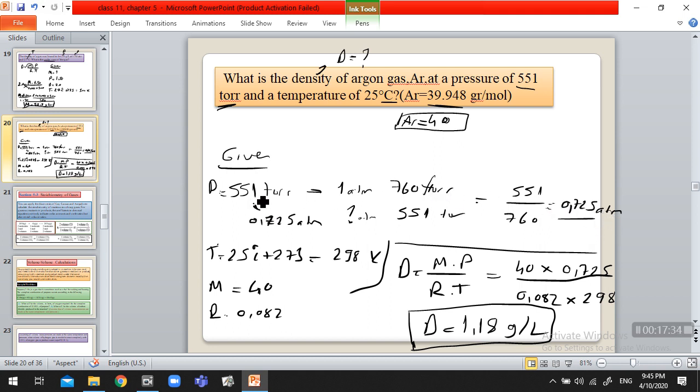It means 551 torr equals 0.725 atm. And temperature will be Kelvin, 25 plus 273, 298. Molar mass, I converted to 40 for understanding. And R is 0.082. You can use the formula density equals molar mass times P over R times T, and you can find the density.